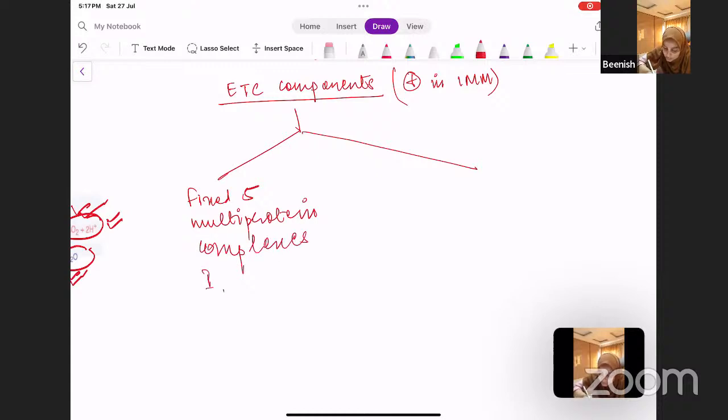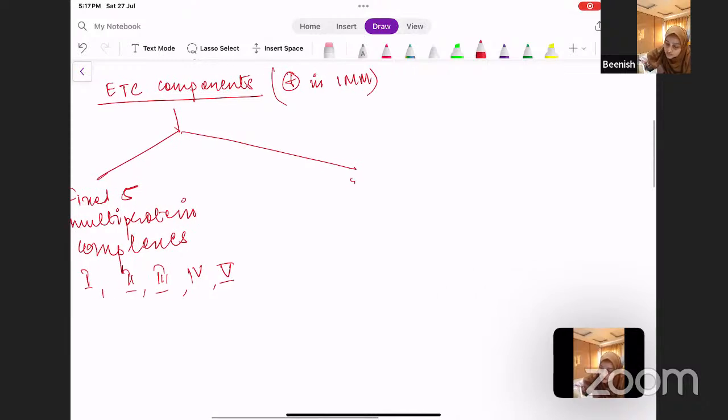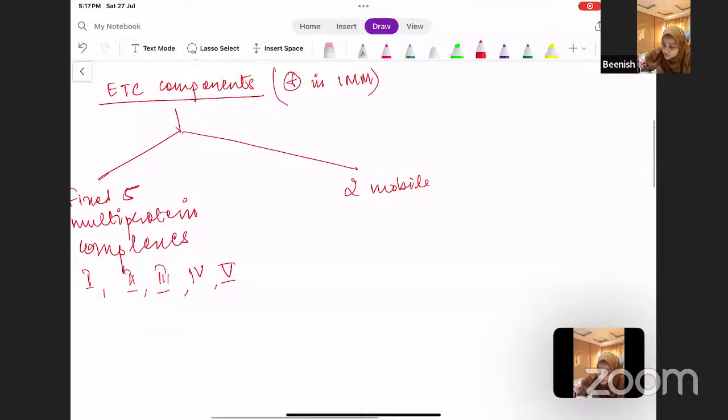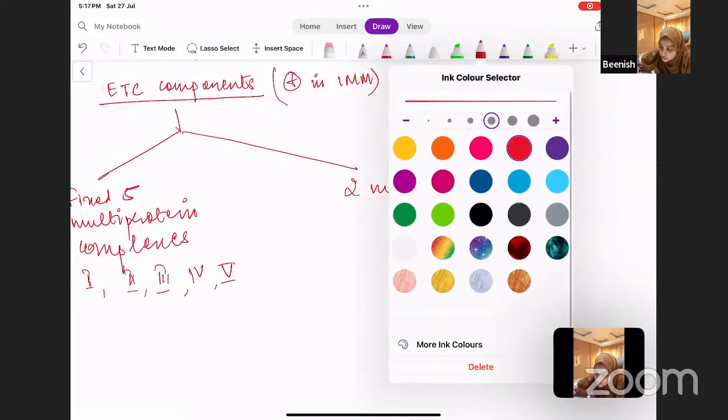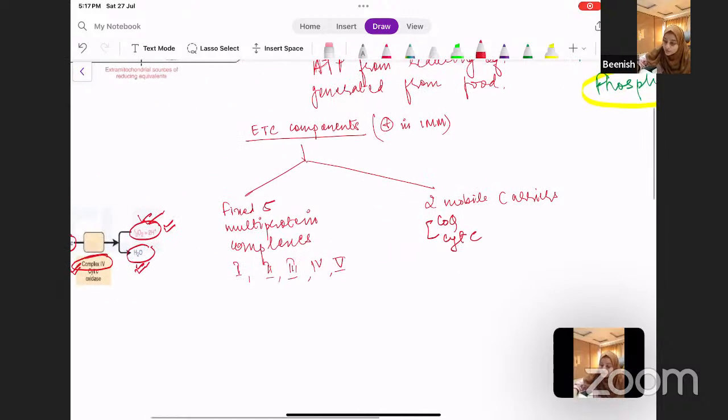That is complex 1, complex 2, complex 3, complex 4, and complex 5. Okay. And it consists of 2 mobile carriers. That is your coenzyme Q and cytochrome C.